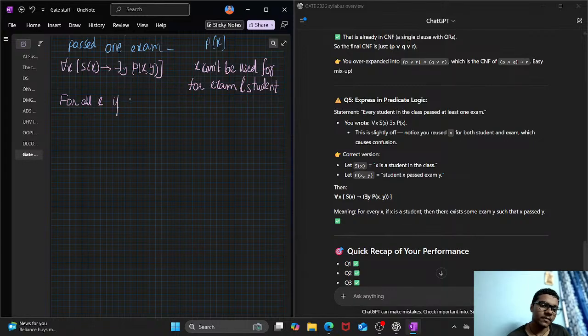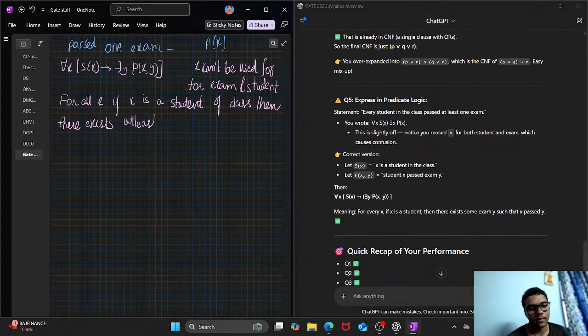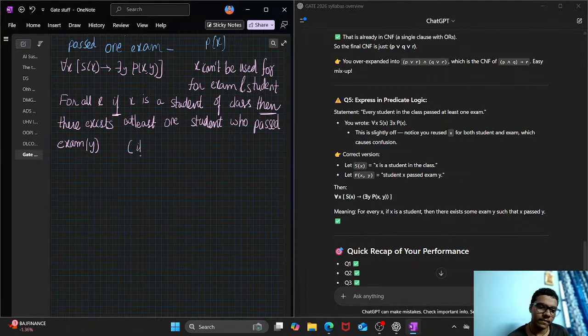For all X, where X is a student of the class, then there exists at least one student who passed exam Y. So if and then, if-then means implication.